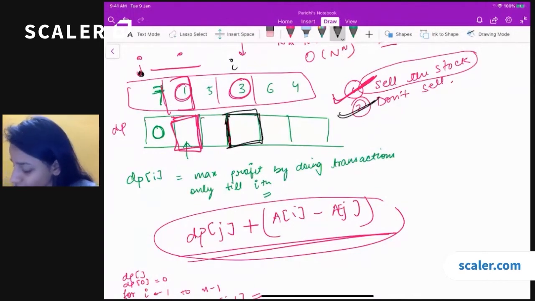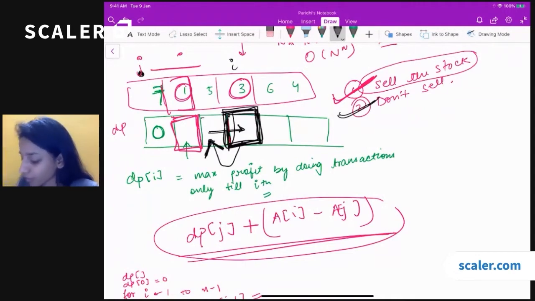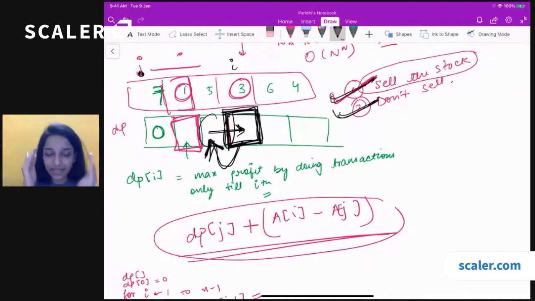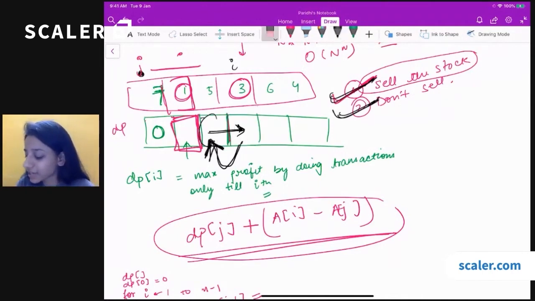So if we are not selling on this day, whatever is present here will come over here. Whatever is maximum between these two, selling the stock and not selling it, we will take that value in here. Does that make sense? That's essentially what we are doing.